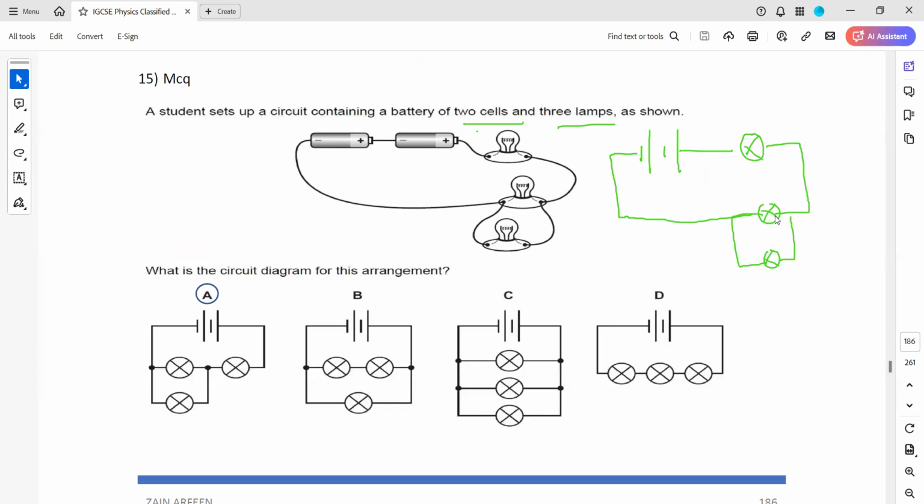So two lamps in parallel and one of them in series, so it matches with A.